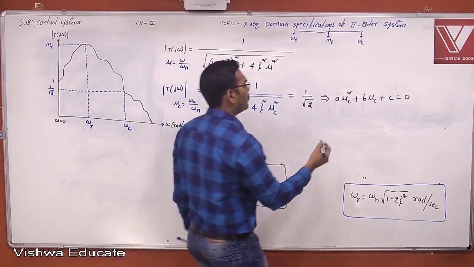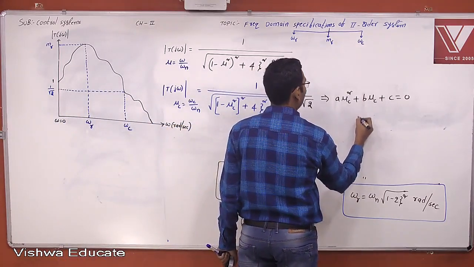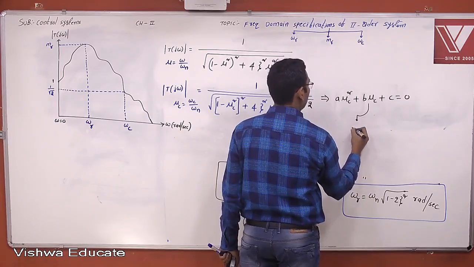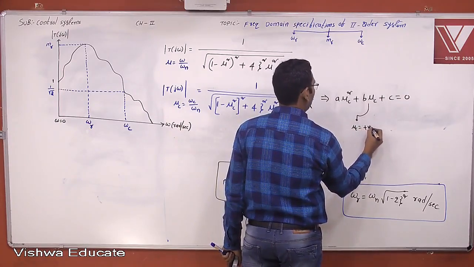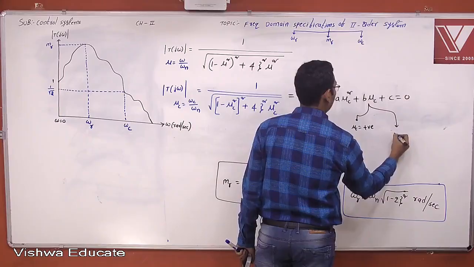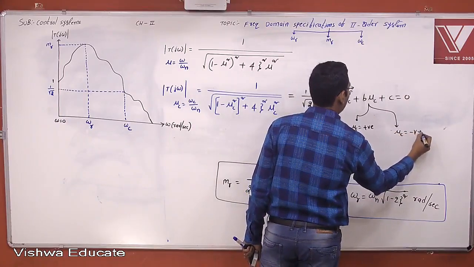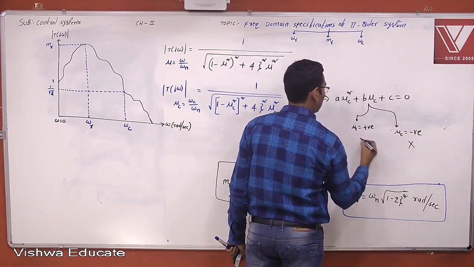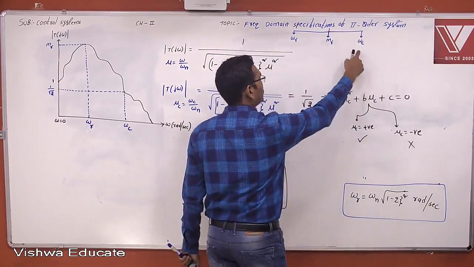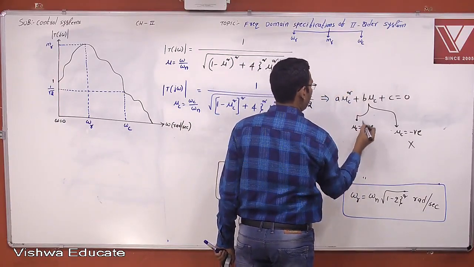If you find the roots, then you can get one mu c positive and the other mu c negative. But the cutoff frequency is the positive one. Don't take the negative one, because frequency is always positive.